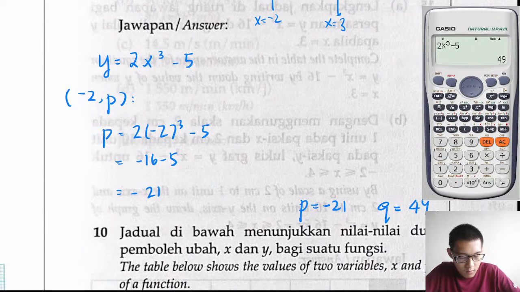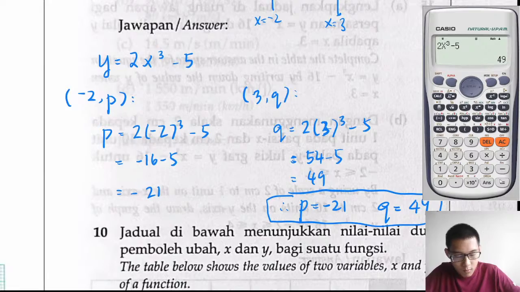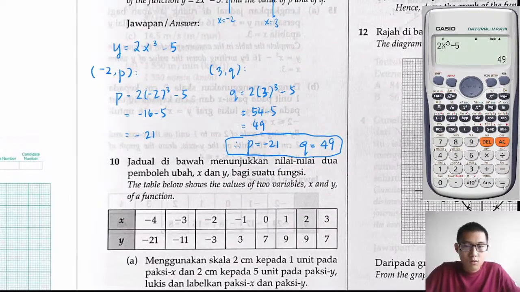When we substitute 3 and q, we will get q equal to 2 times 3 cubed minus 5. 3 times 3 is 9, times 3 is 27, times 2 is 54, minus 5, it should be 49. So answer is this. We can make conclusion like that.